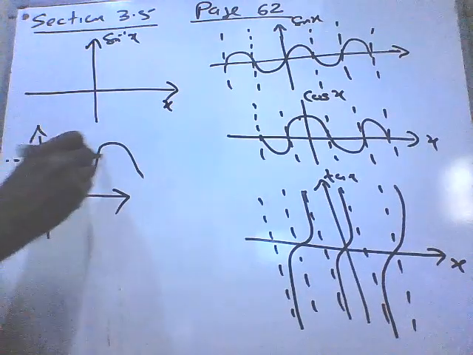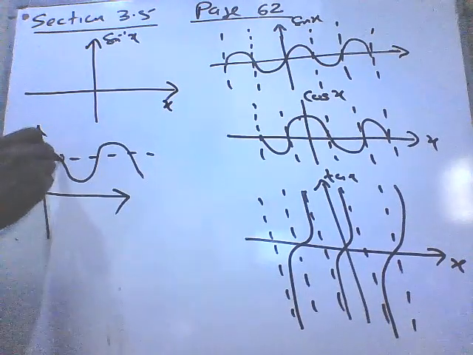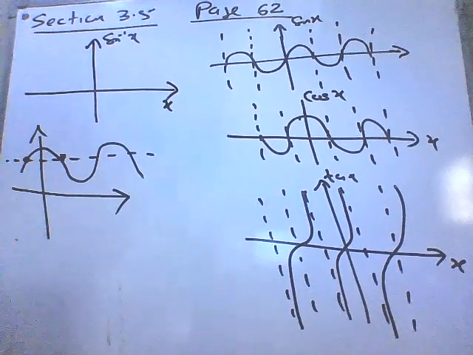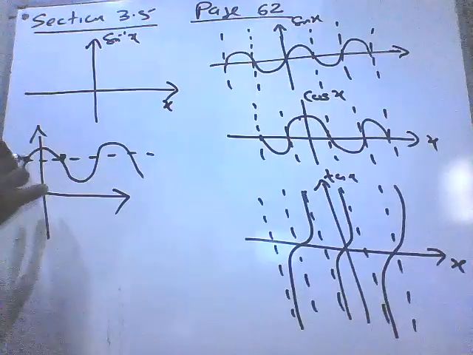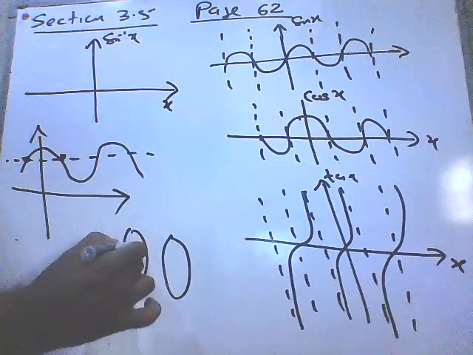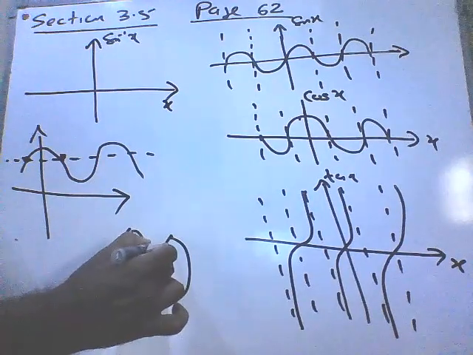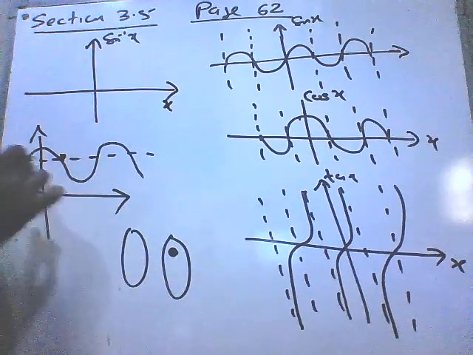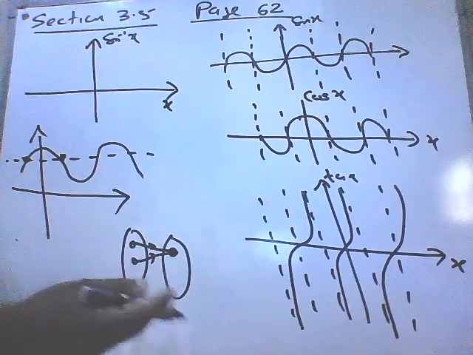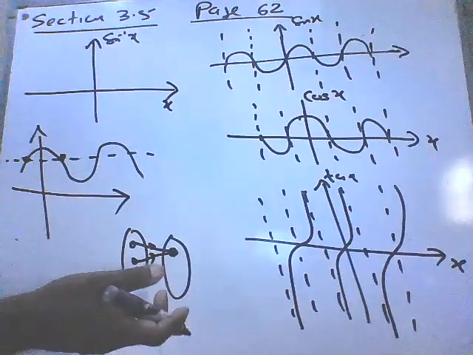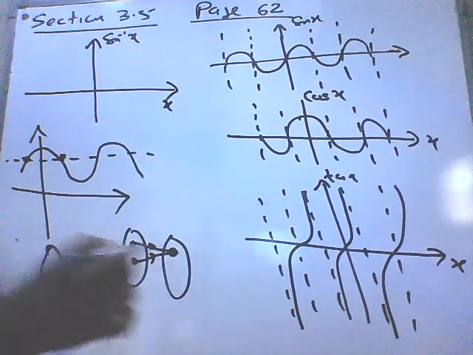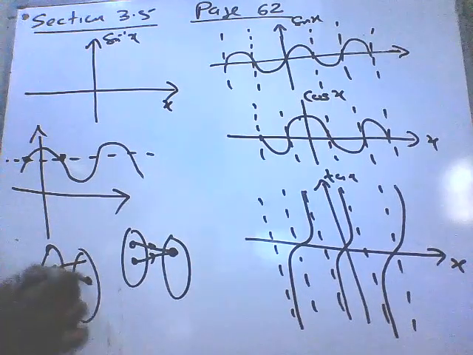If you put a horizontal line, there is the same y value and there are two x values. So we can't have the reflection.